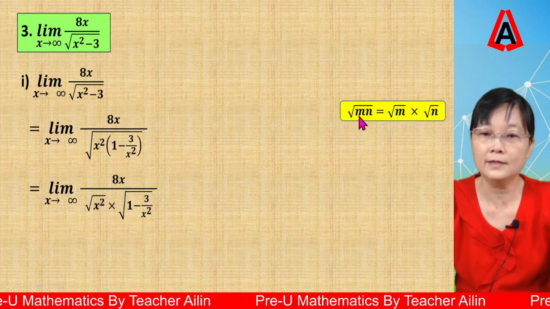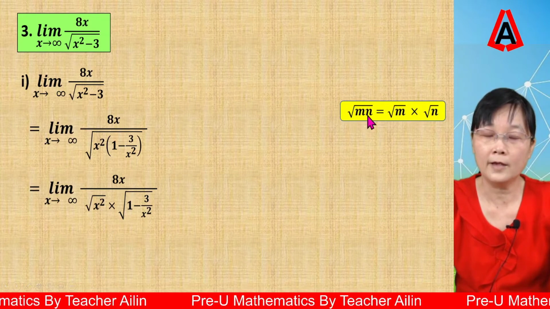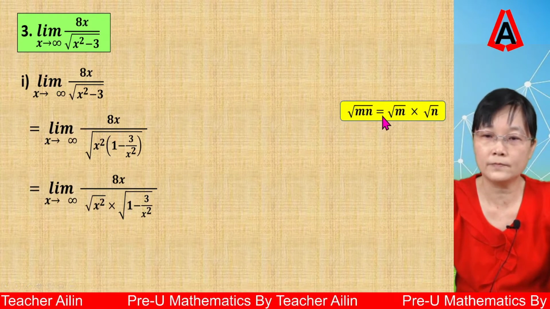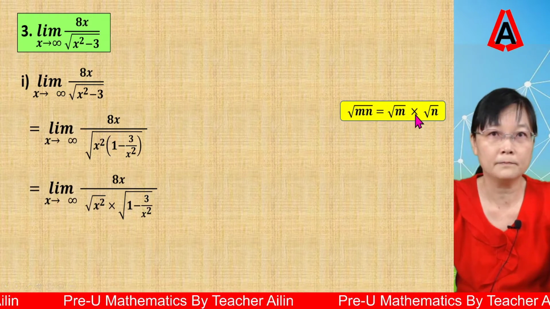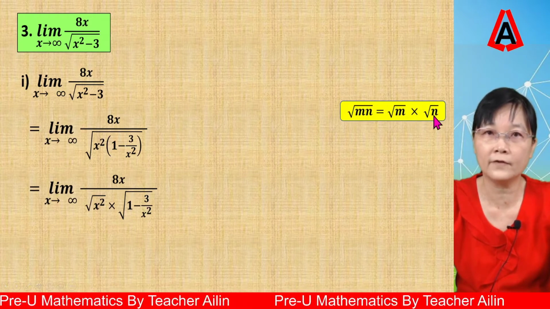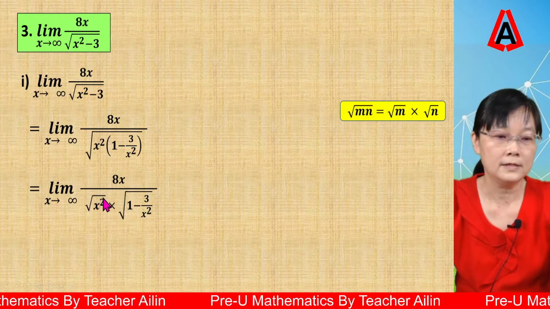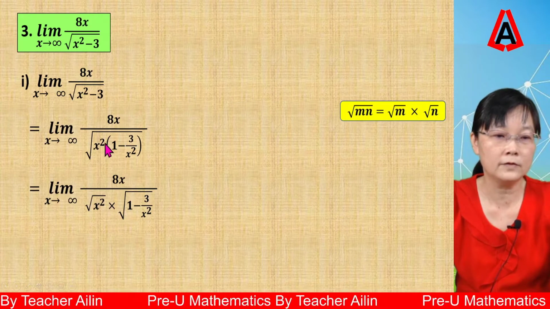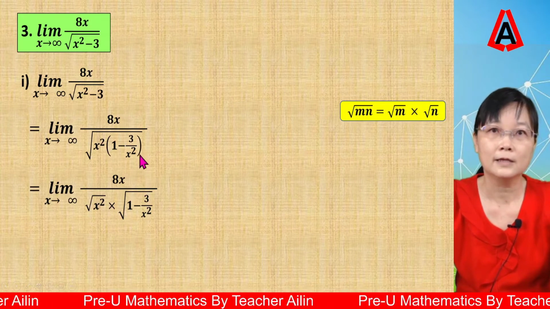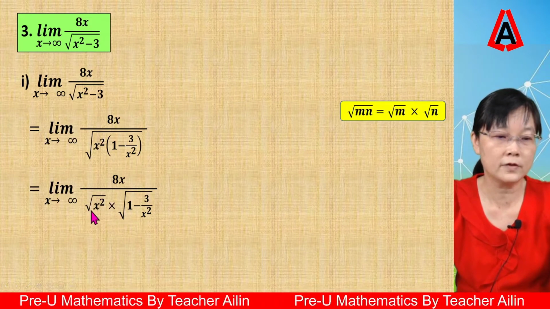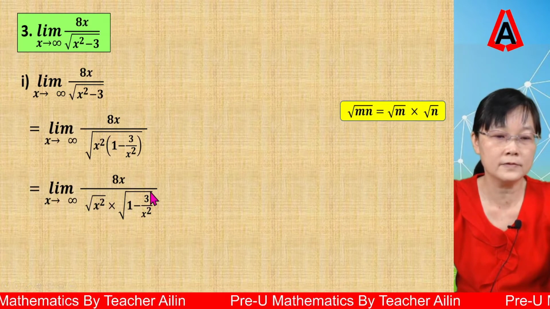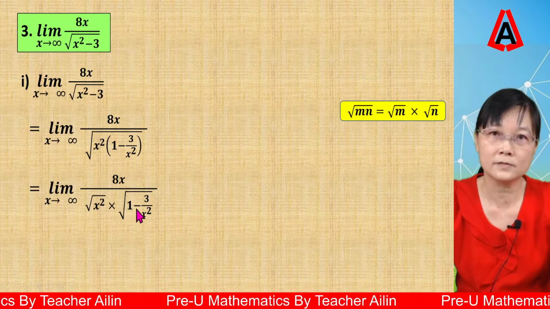Because we have learned that square root of mn, I can separate becomes square root of m multiplied with square root of n. So, this one, square root of x power 2 times the bracket can be separated, becomes square root of x power 2 times square root of this expression.